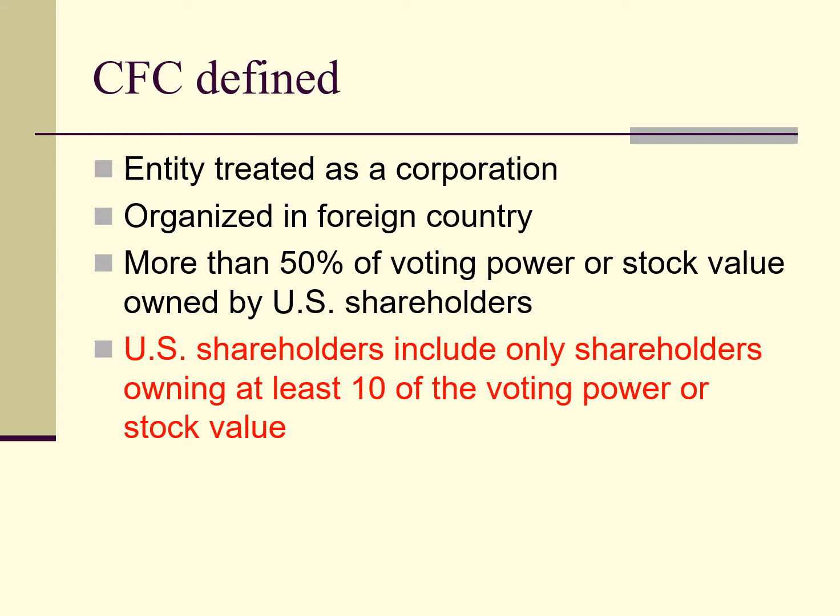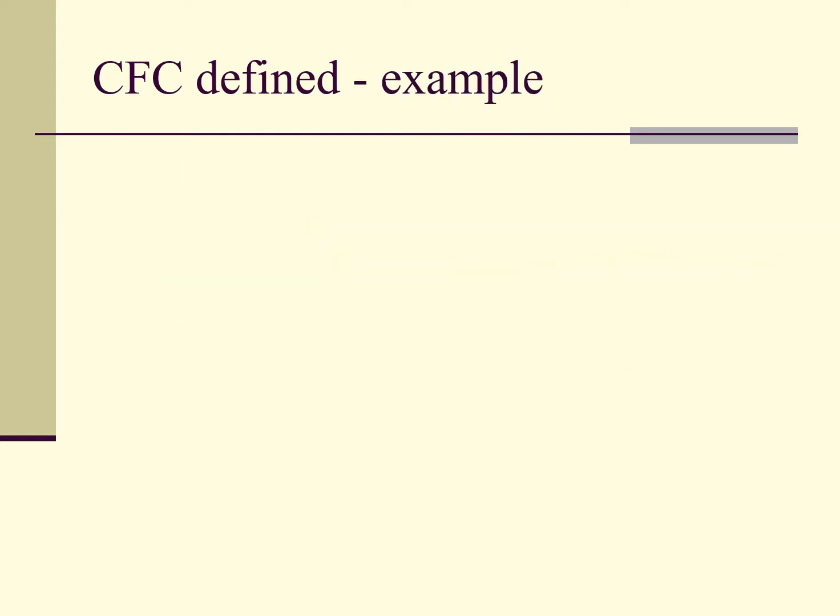For purposes of stock ownership testing, only U.S. shareholders owning at least 10% of the voting stock or 10% of the value of all shares are counted. Here's an example of the application of the CFC definition.